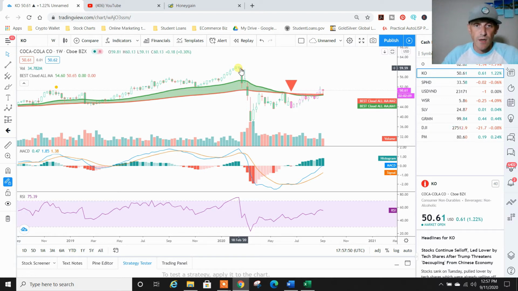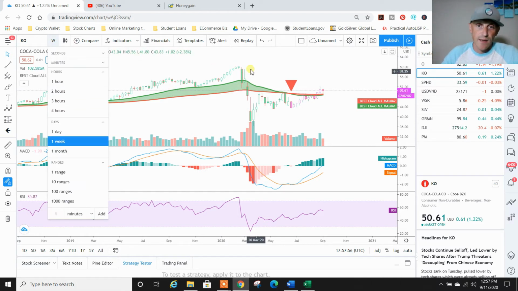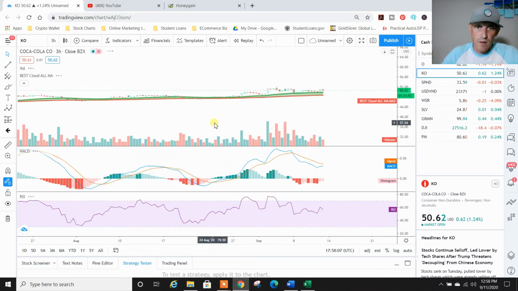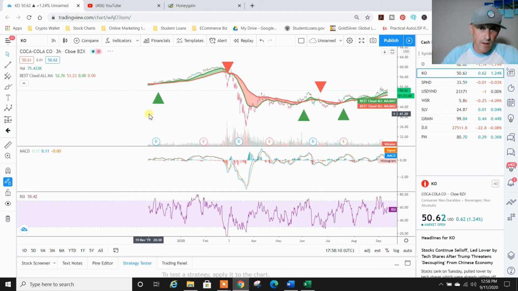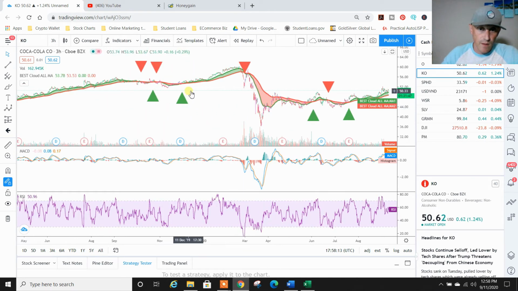So like on this date here, February 18th, 2020, if you went back right here, the price started dropping the very next week. But if we go back to a 3 hour chart and I try to find that date, what did we say, February 18th?